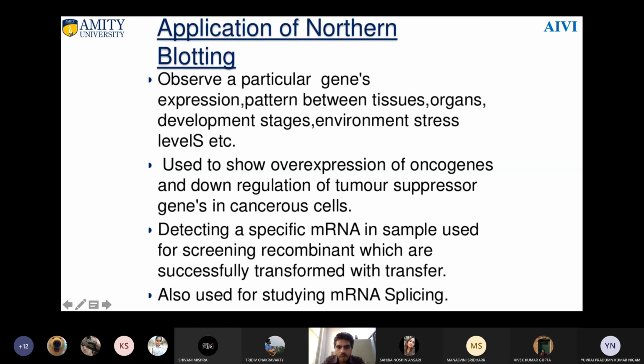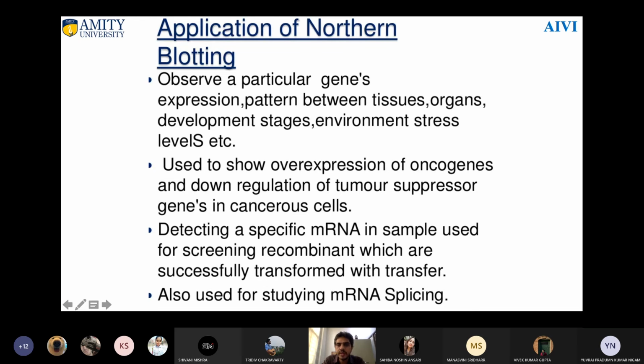In the case of recombinant DNA technology, if you make a recombinant, you make a transgene, but whether that transgene is showing its expression or not, you can check by Northern blotting.